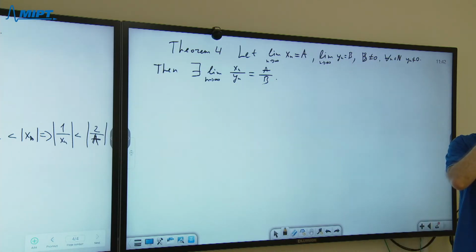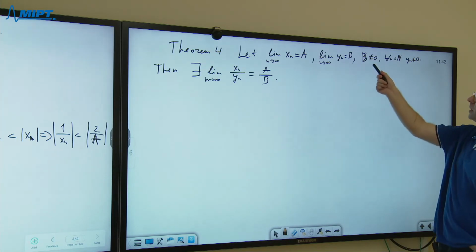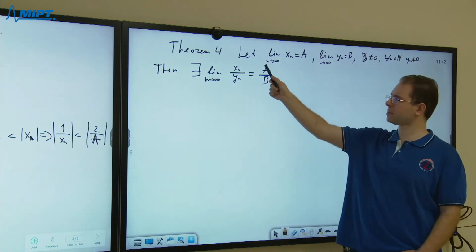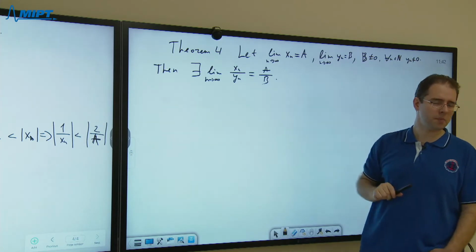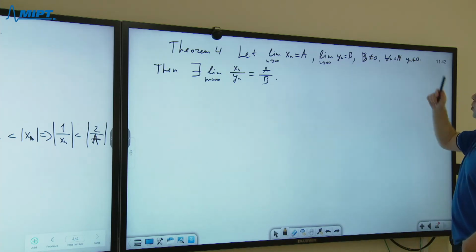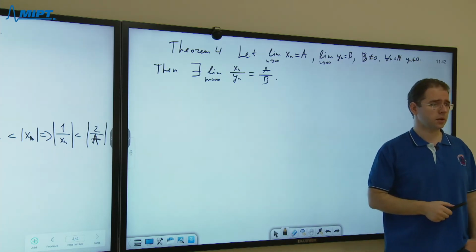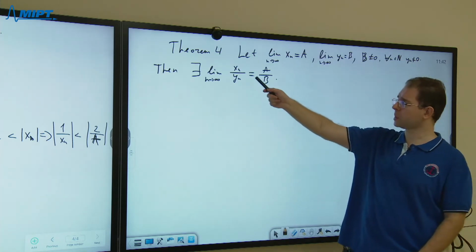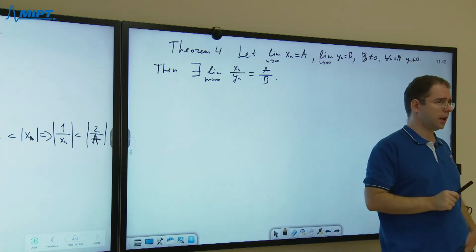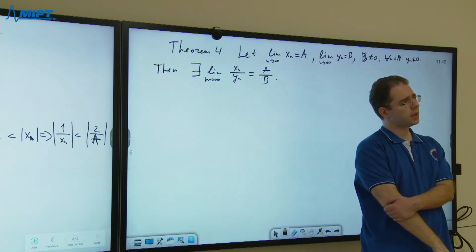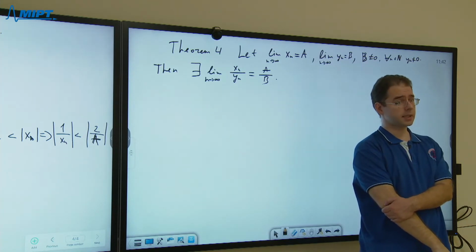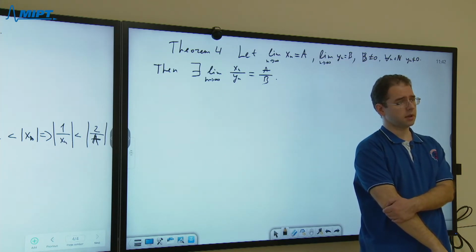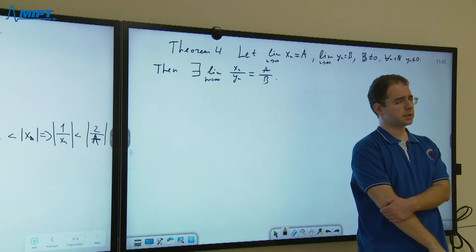Generally speaking, b couldn't be 0 because I still have to divide by b over here. But if some terms of y, for example, are 0, this sequence xn divided by yn, while not defined at some terms, will still tend to the limit.